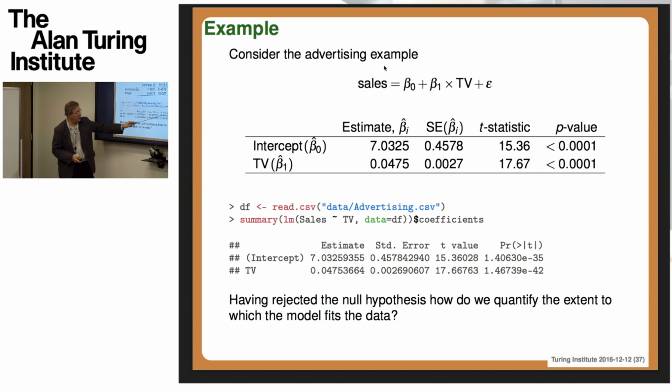With these p-values being very small, say for this beta 1 here, it's 10 to the minus 42, it's saying that it would be very unlikely to have observed a beta so large in units of standard errors, so it would be implausible to suppose that beta 1 was itself 0.